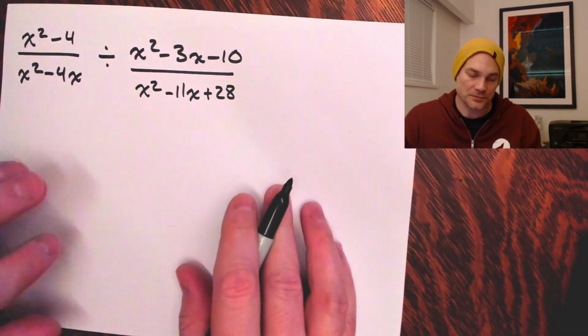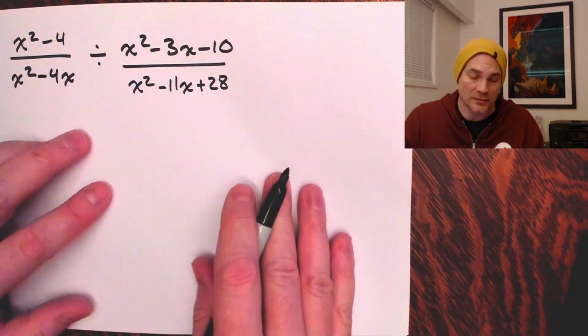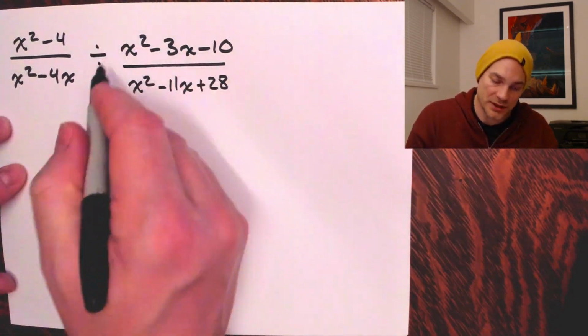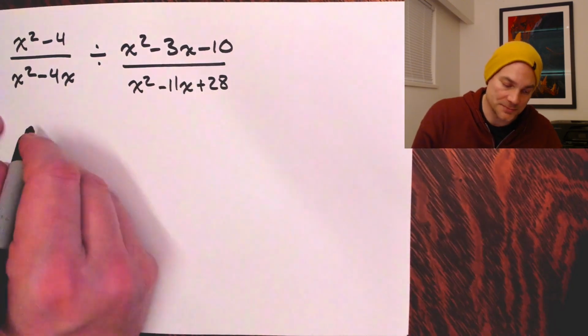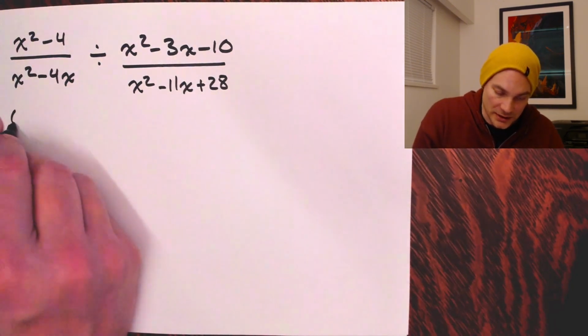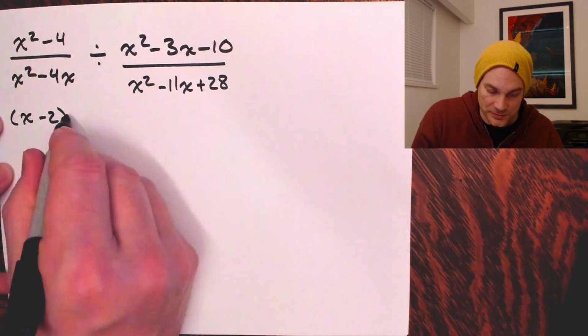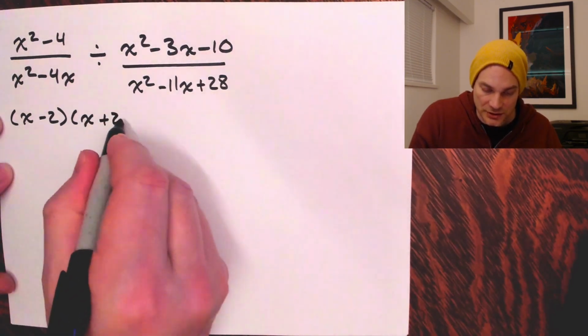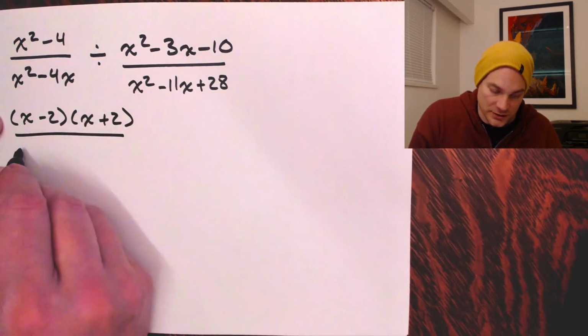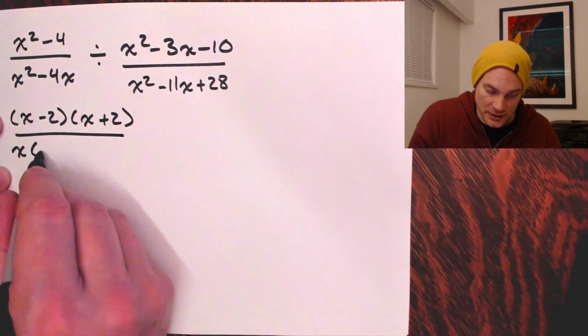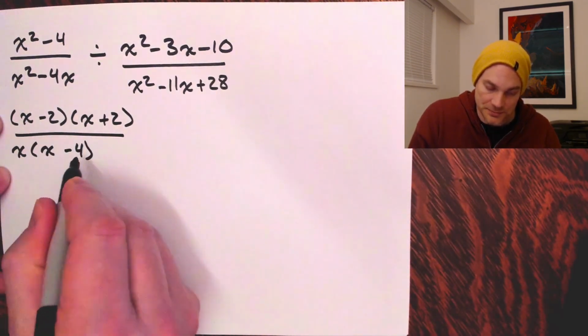Okay, so this is where we're going to start with. We're going to flip this sign, and we're also going to factor it. So let's factor the top. You get x minus 2, x plus 2, all over x bracket x minus 4.